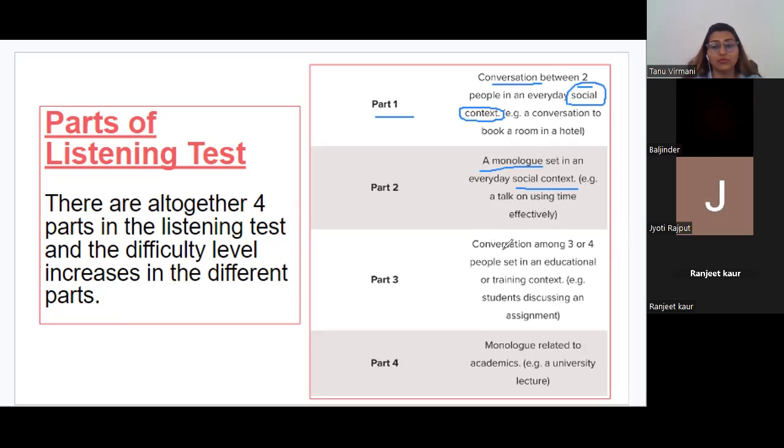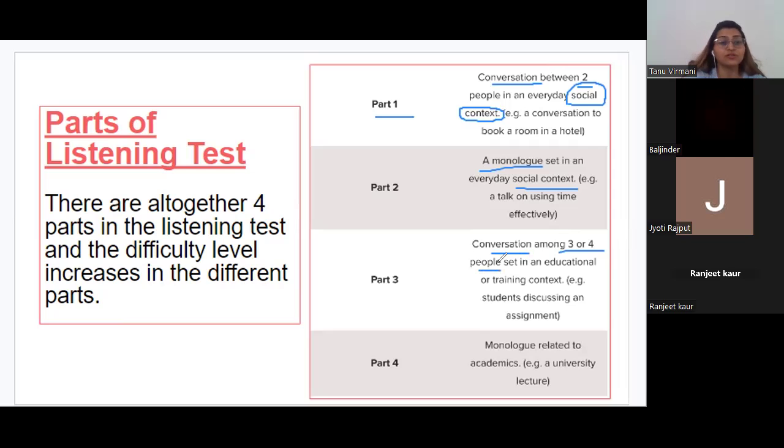Part 3 is conversation. Now part 3 and part 4, they are on educational ones, academic context. So part 3 conversation is between 3 or 4 people. Now here one difficulty students face, because there are 3 to 4 people, you have to identify the speaker.